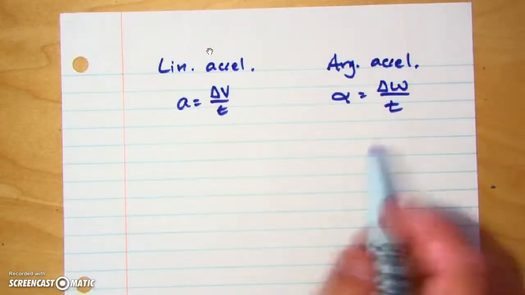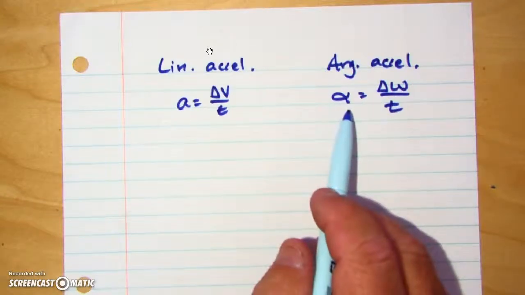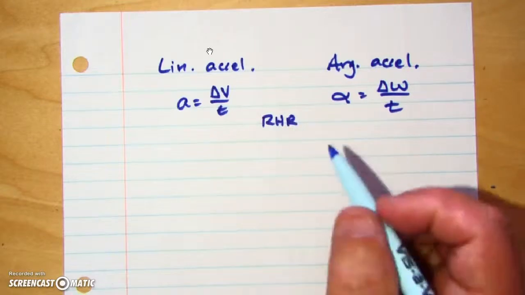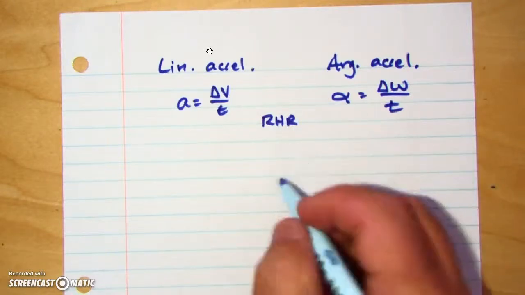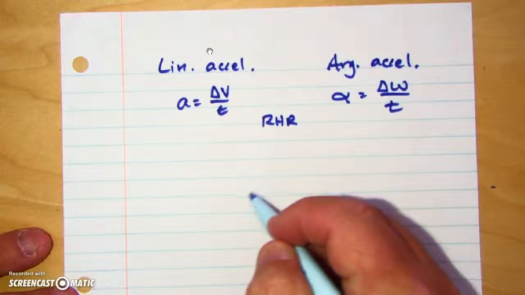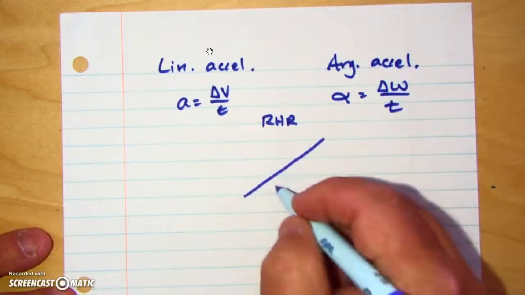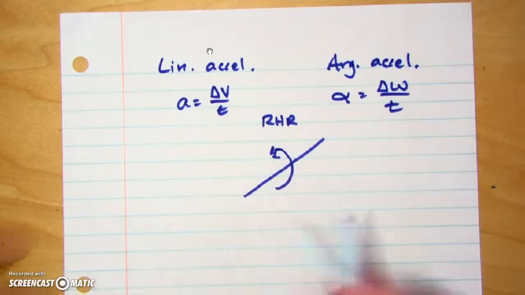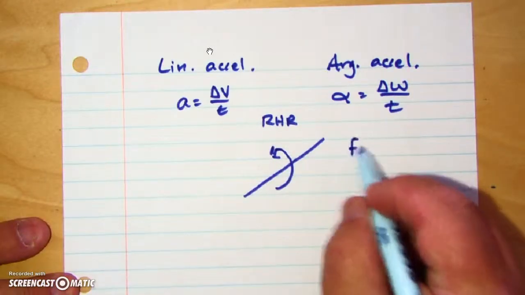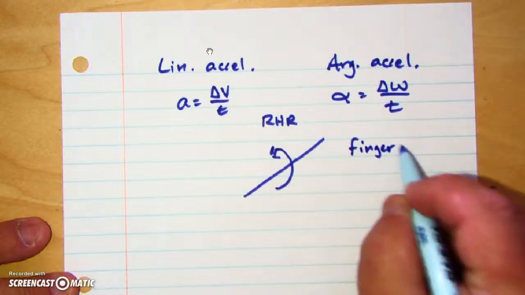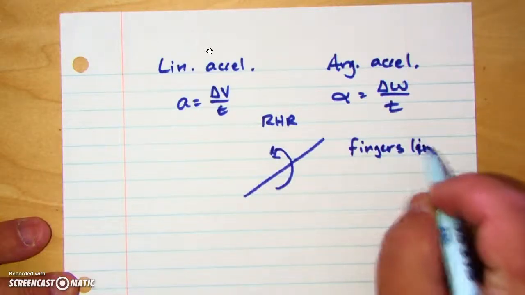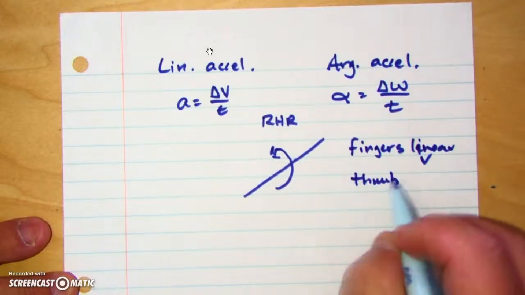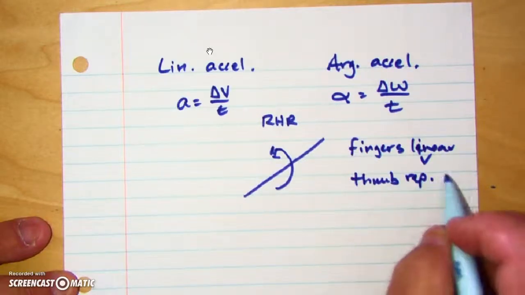Now, to figure out the direction of the angular acceleration, we're going to use a right-hand rule. It's not the only right-hand rule you'll see in physics, but it's the one right here. So if I have something, and again, this is three-dimensional, so it's a little hard to see. I have something like that, and objects are rotating around it that way. Then the fingers represent linear v, which is, of course, tangent to the circle, and the thumb represents alpha, angular.